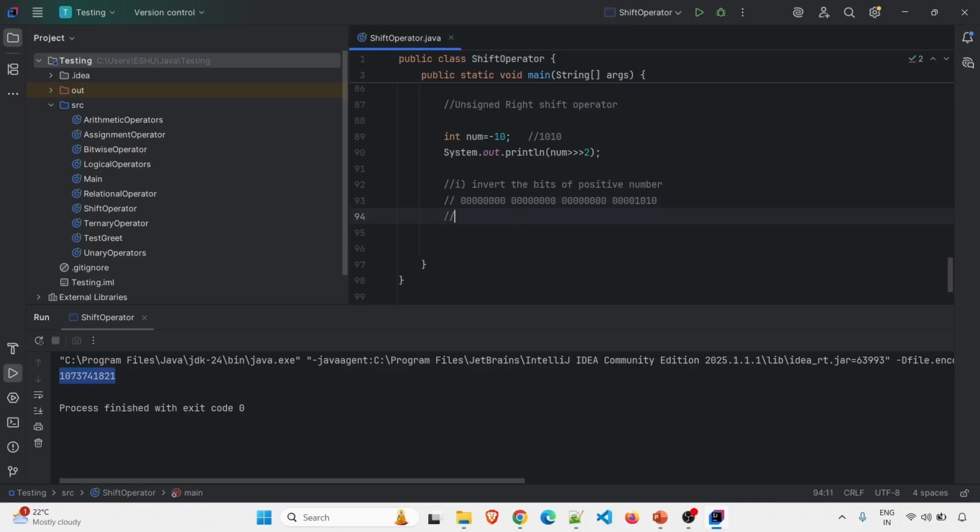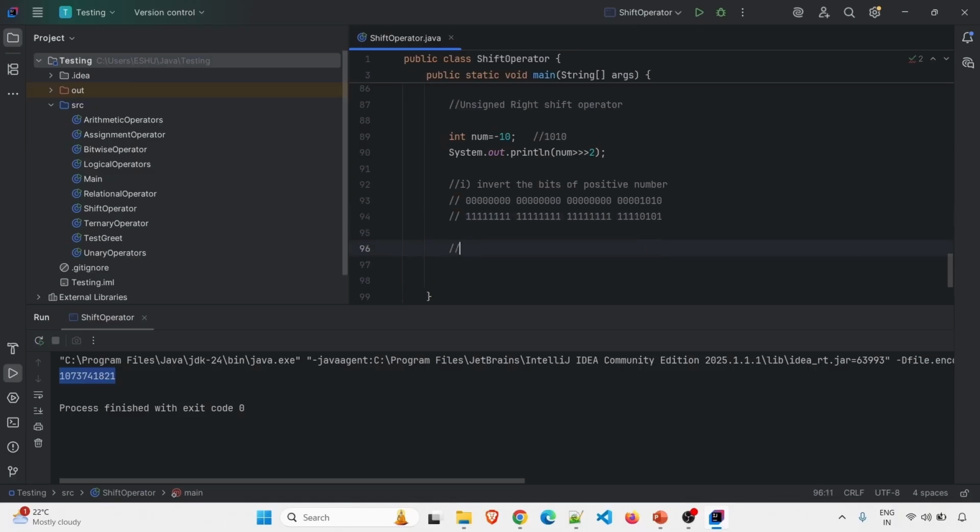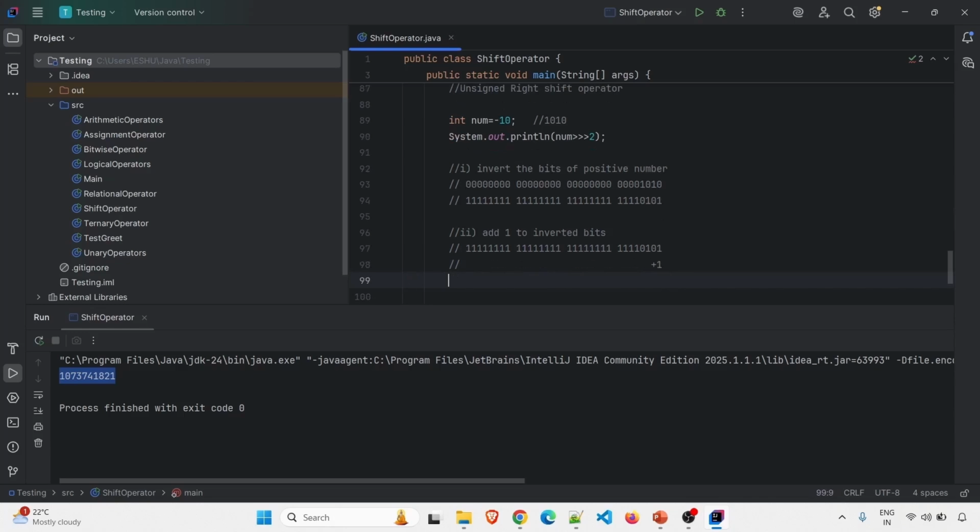Now invert all the bits, so 0 will become 1, and so on, ending in 0101. The bits are inverted. The second step will be to add 1 to the inverted bits. So let's take this and add 1 to it.